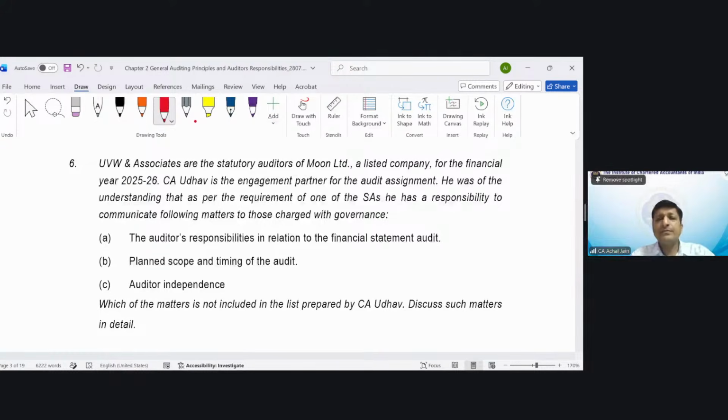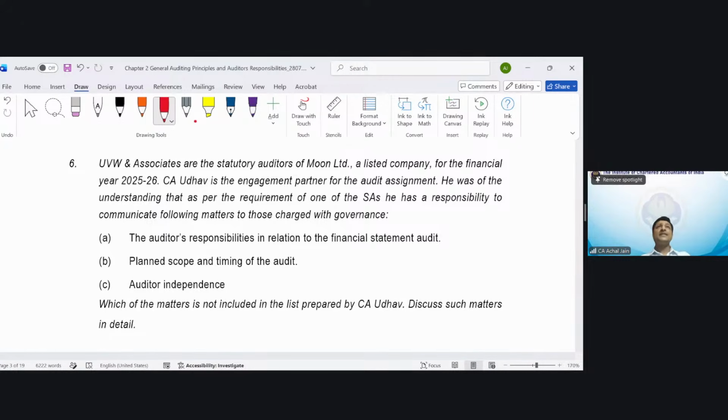CA Udhav happens to be the engagement partner. He was of the understanding that as per the requirement of one of the SAs, he has a responsibility to communicate the following matters to TCWG. So I think it's all about communication with TCWG.